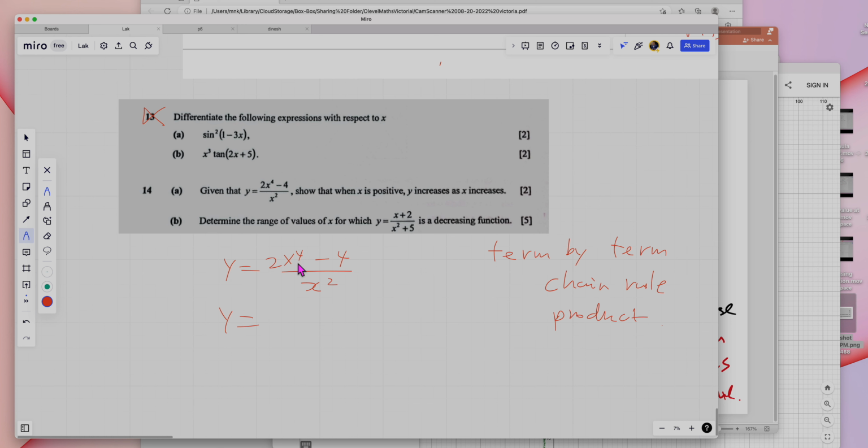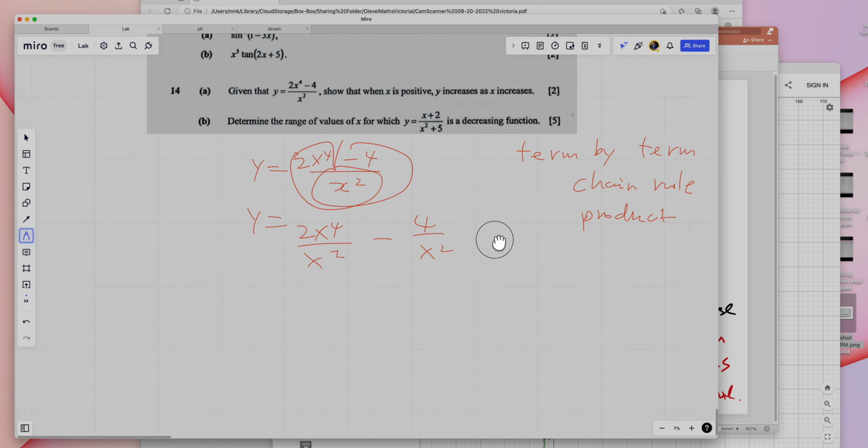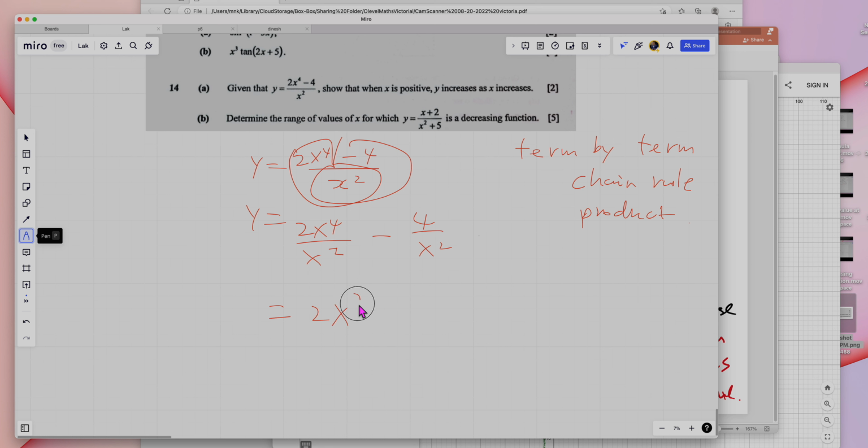You split it, like partial fraction. Then it's term by term. So you can change this to 4x to the power minus 2. Okay, so now you can differentiate already.